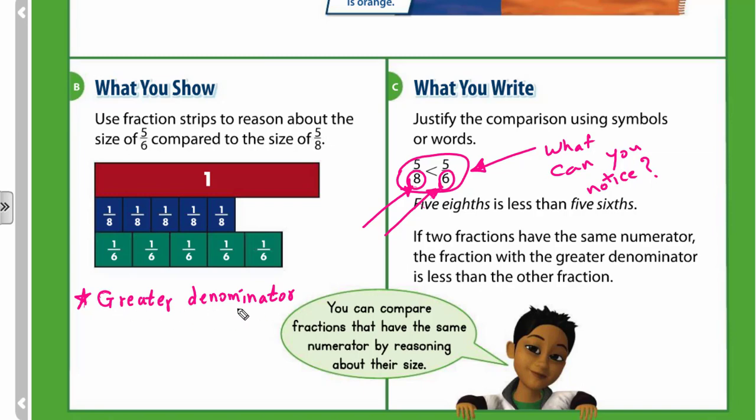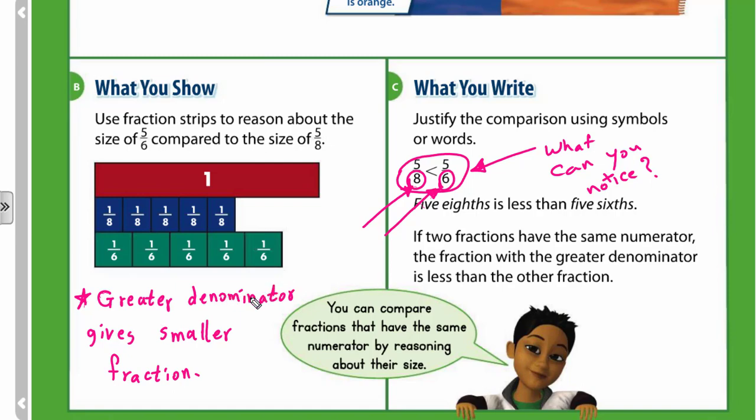So a greater denominator gives a smaller fraction. Right? That's what you mean? Yes, thank you, Hassan. Good work.